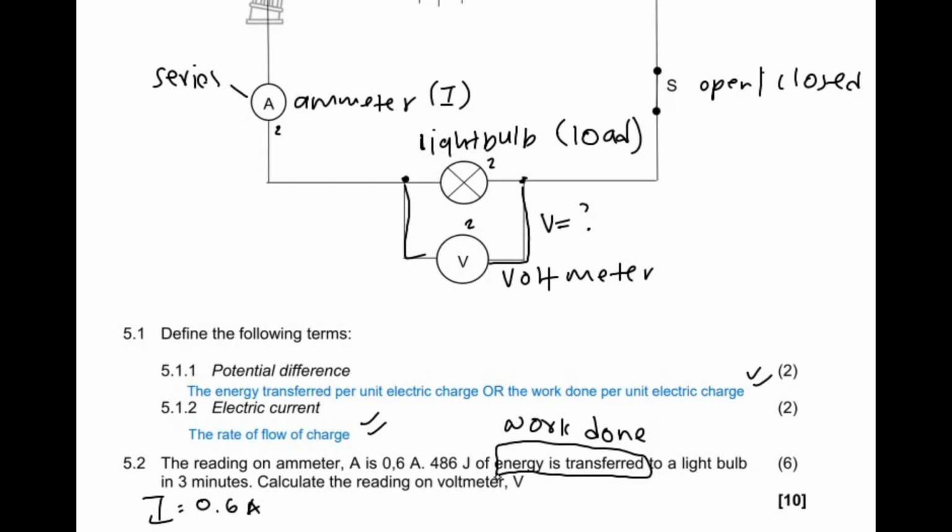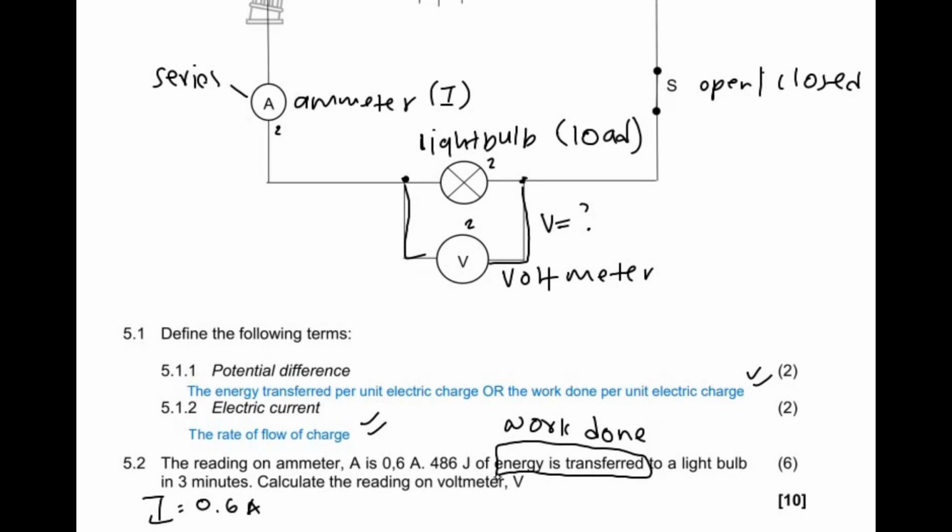So that is why when we do work, we transfer energy, because you need energy. When you're transferring energy from one object to the next, from a battery to a charge, work is done. When your charge is moving through this light bulb, it transfers its energy because the light bulb uses its energy. So the energy is transferred to the light bulb. It means work is done.